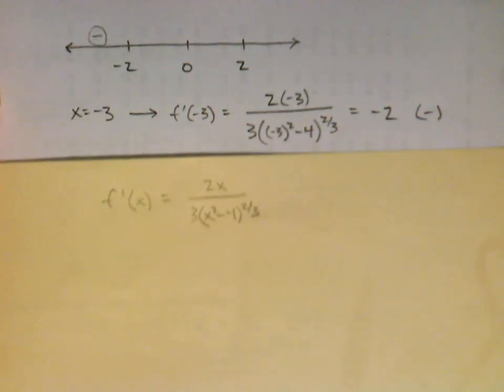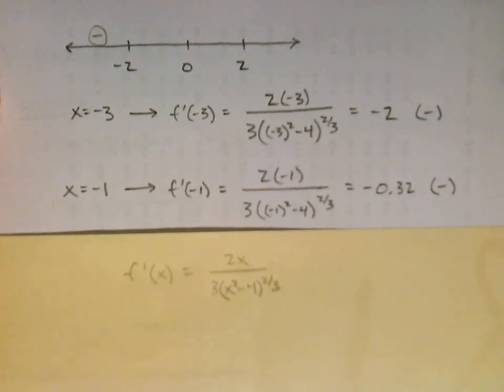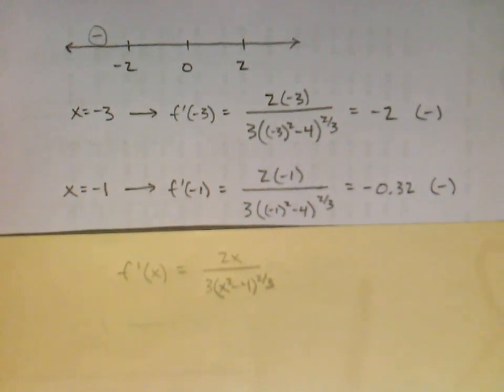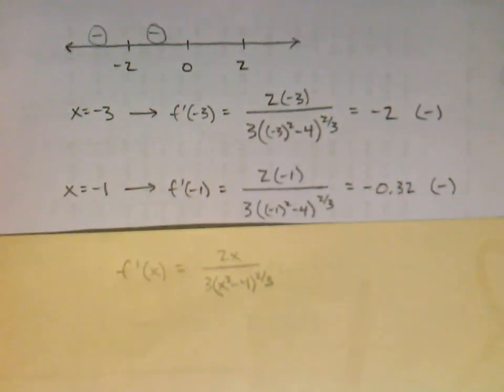Moving on to the next interval, how about we pick -1? And you may be surprised that this comes out to a negative as well. It's not guaranteed to alternate positive, negative.